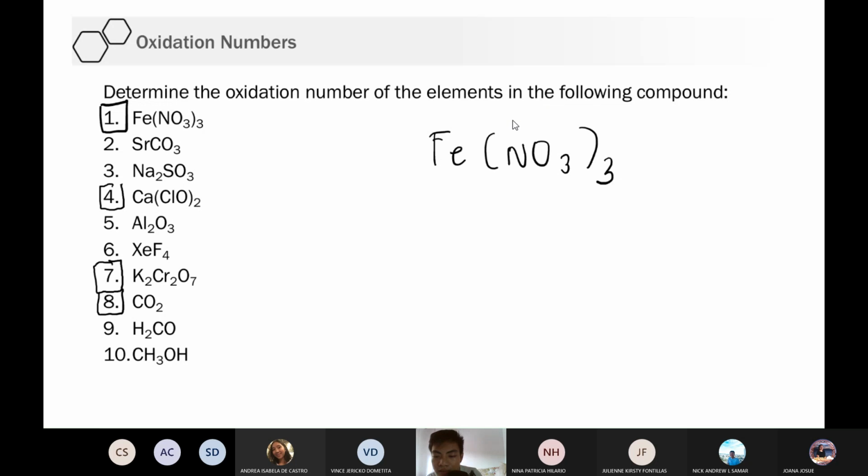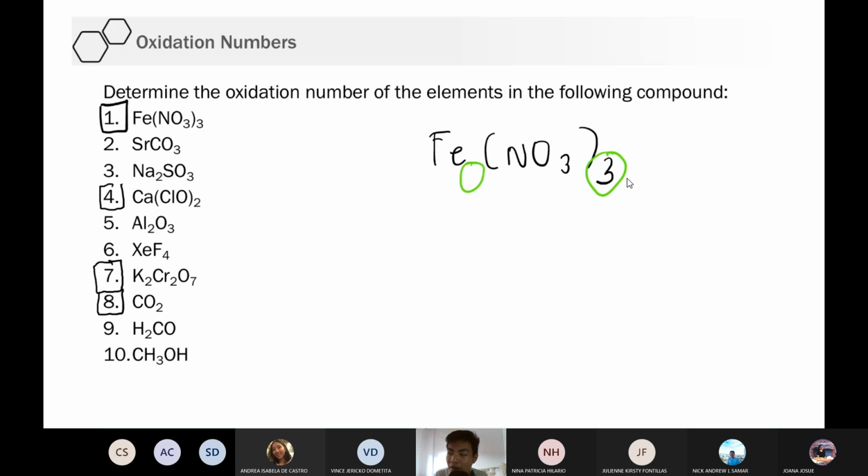Okay? Gawin natin tong ions. How? Okay? Do you remember the reverse crisscross? Reverse crisscross means yung mga subscript, ibabalik natin sa respective owners. Yun yung reverse crisscross. Naalala na yon? So, saan ba galing yung 3 na to?